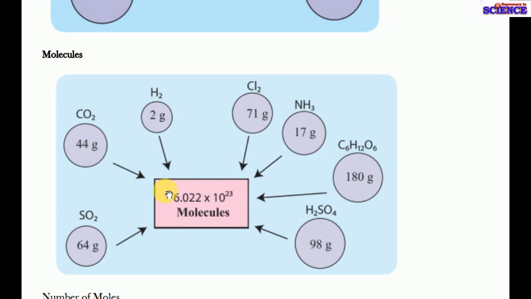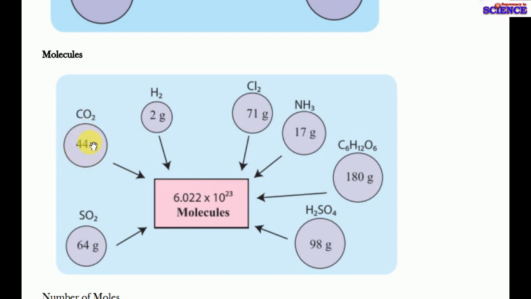Then how many moles are there? It has 1 mole, because 44 belongs to the relative molecular mass of carbon dioxide. Assume 88 grams are there. So how many molecules? 2 times this number. And how many moles? There are 2 moles.